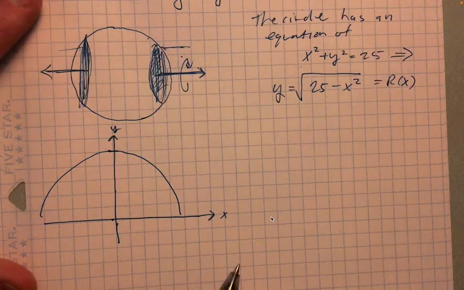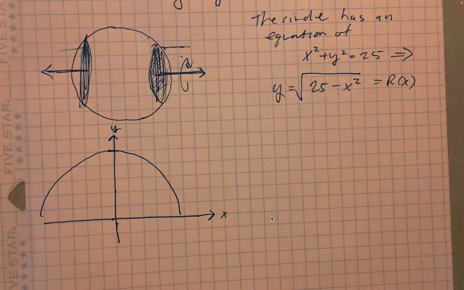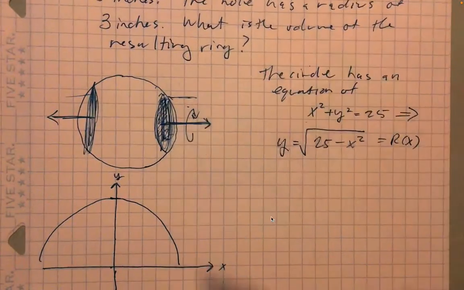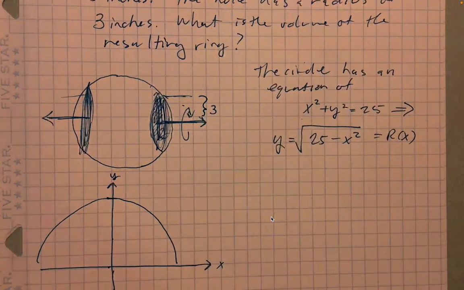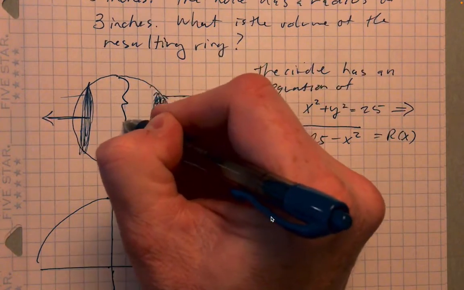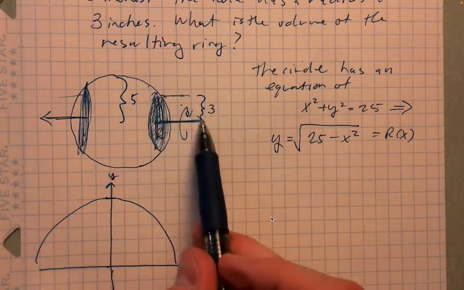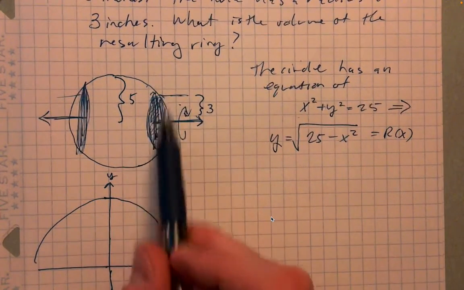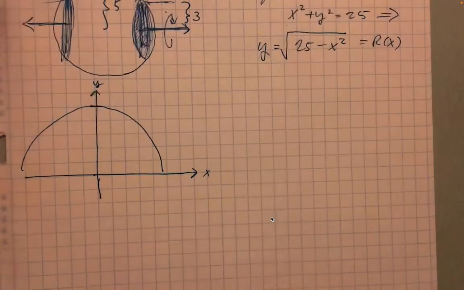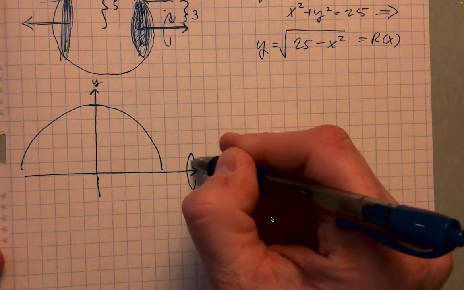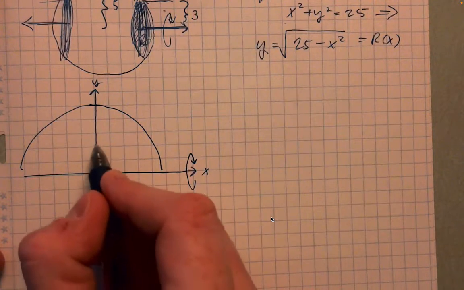Now we know that the radius of the hole that is drilled into the circle, right? You're going to drill a hole right in the middle of the circle. It's going to have a radius of 3. Okay, so from here all the way up to here is 5. And the hole that we drill is going to have a radius of 3. It's going to have a 6-inch diameter, but a radius of 3. So what that basically means is if we're going to rotate around here, right, then we're going to have 1, 2, 3.